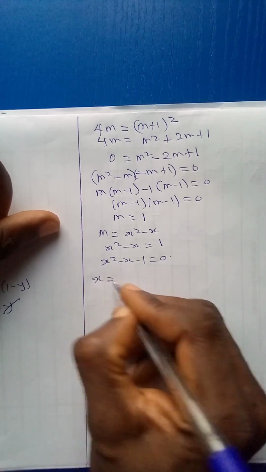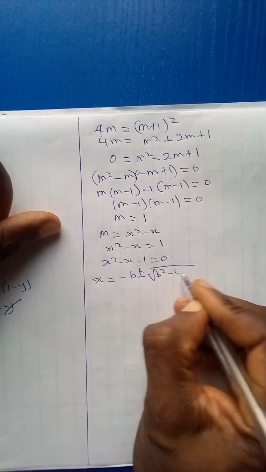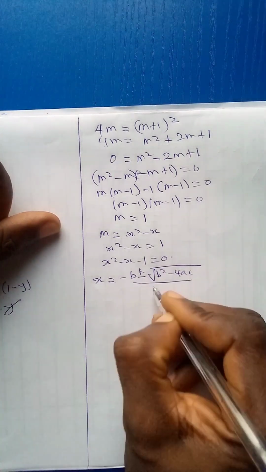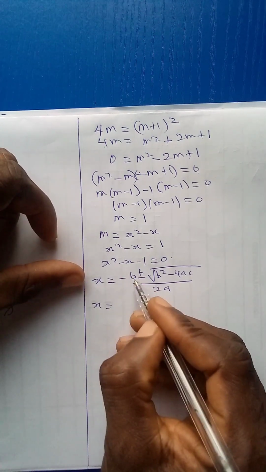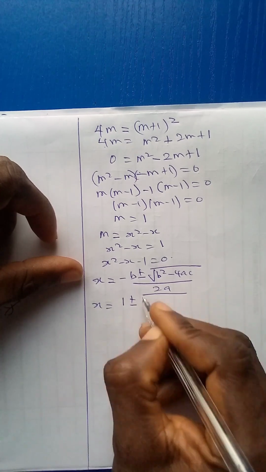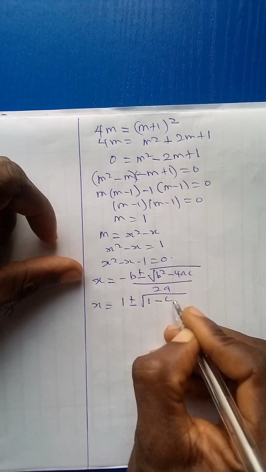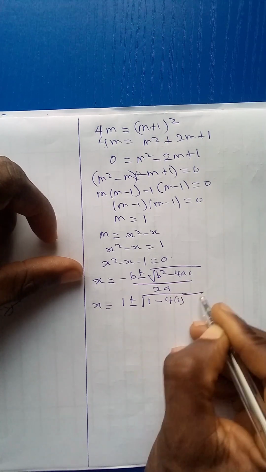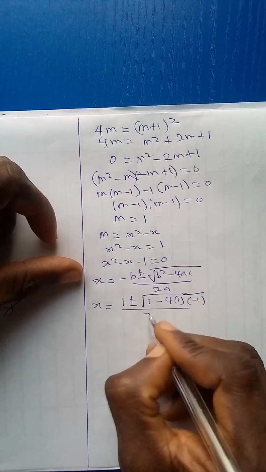So x is equal to minus b plus or minus the square root of b squared minus 4ac, all over 2a. And x will now be minus b, that is b is minus 1, so I have 1 here, plus or minus the square root of (minus 1) all squared, which is also 1, minus 4 times 1 times minus 1, c is minus 1, all over 2 times 1.